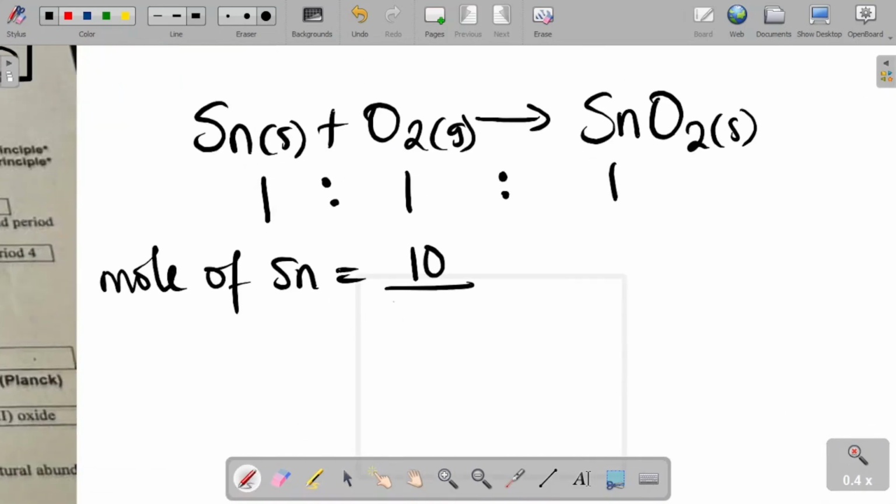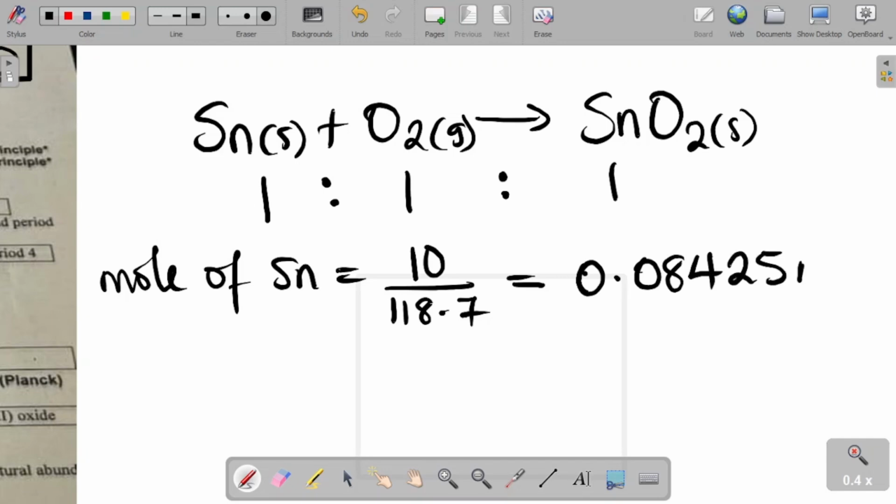So 10 over 118.7, and that's approximately 0.08425 mole. So I've gotten the mole of tin here.